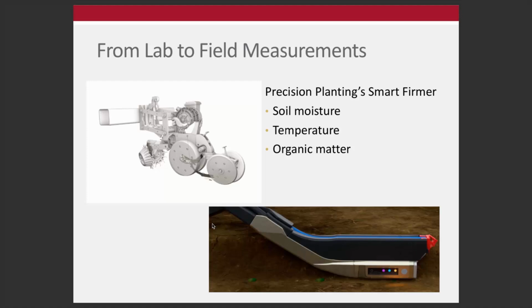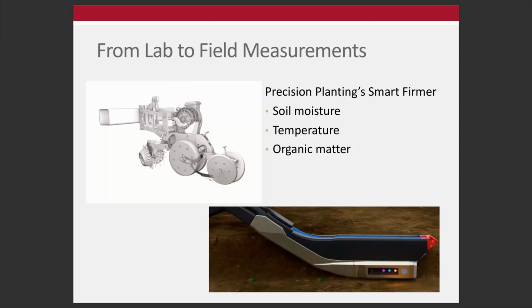One of the things they have is a product called a SmartFirmer, which is a seed firmer. The seed is placed in front, and then this is dragged over to firm that seed into the seed furrow before the closing wheels close up the crease that the row unit made. This is a sensor that's dragged through the soil, attached to that seed firmer, and it measures soil moisture, soil temperature, and organic matter.